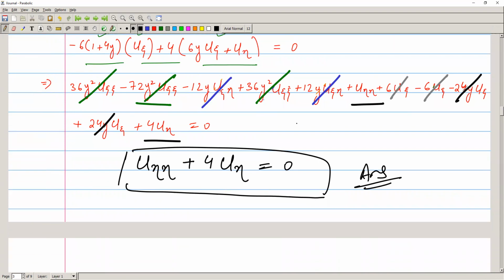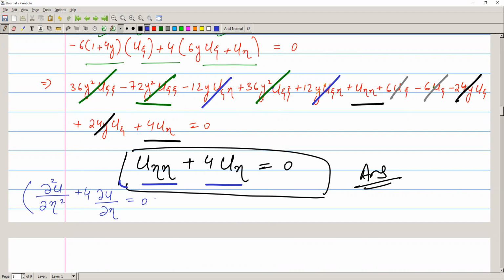Now you can see what a simple form we get here: u eta eta plus 4u eta is equal to 0, from a lengthy equation. Now it's easier to solve, because this is like a second order differential equation. It's not actually a second order differential equation, but it looks like I can solve it like one. So we can write this equation as del squared u over del eta squared plus 4 del u over del eta is equal to 0.